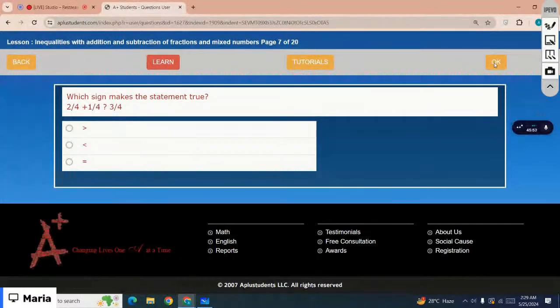So which is the correct option? Yes, both sides are exactly equal.